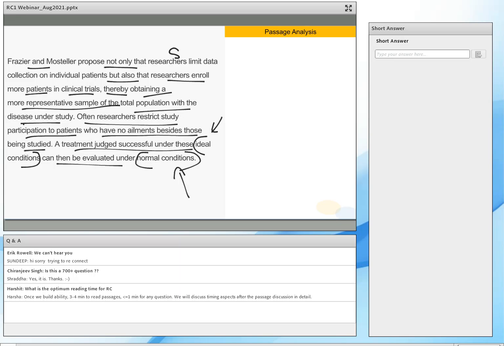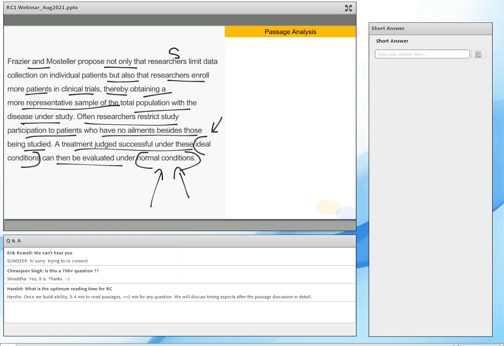When you come up with a treatment for that particular disease, after studying all these people in normal conditions, that means they had something else going on, you will be able to evaluate the efficacy of that treatment on people with various other diseases.